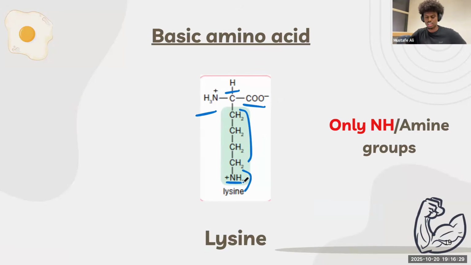There's an NH3. This is very characteristic of a basic amino acid. They mainly have amine groups present, and only amine groups present in the R group, okay? So again, basic amino acids only have an amine group. They don't have a double bonded O or an OH. Just an amine group present inside of the R group will mean that it is basic.